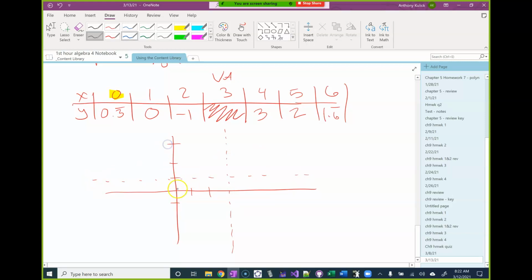So 0 and 0.3, 1 and 2, negative 1. So that's going to look like this. And then 4, 5, 2, and 6, and 1.6, look like that.